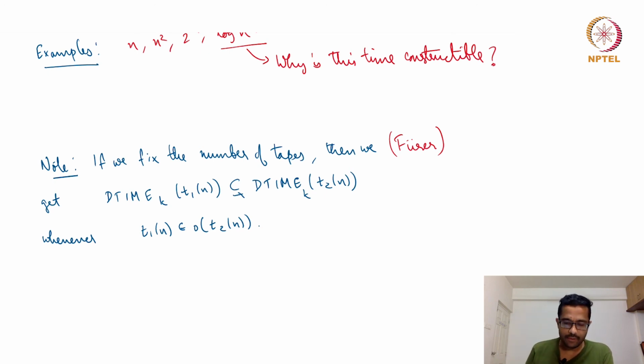If we fix the number of tapes to k, then there is a better simulation known, and because of that we can get a strict hierarchy: DTIME(t1) is contained in, but not equal to, DTIME(t2) whenever t1 is little o of t2.